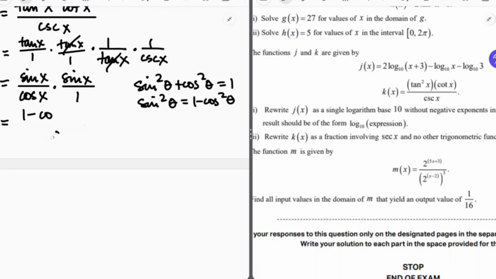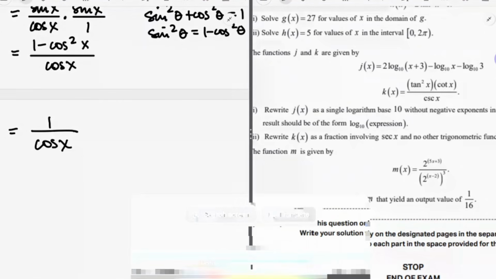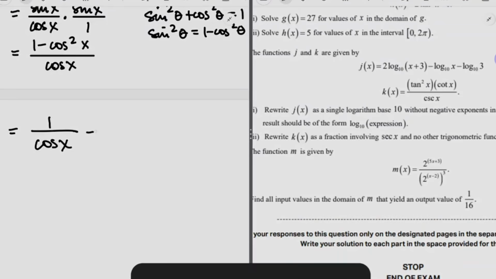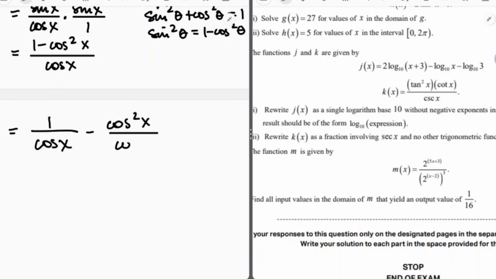Now I'm going to look at this as 1 over cosine x, and distribute the 1 over cosine x to the 1 and the cosine squared x over cosine x. 1 over cosine is secant x minus, this is just cosine x, but they wanted it in terms of secant only.